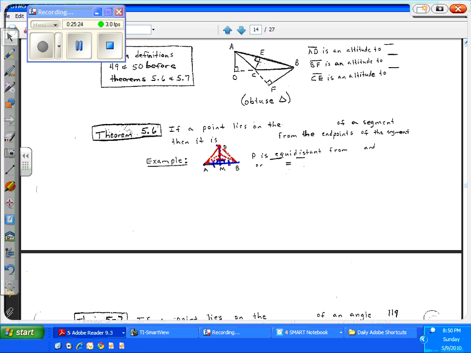We're going to get an isosceles triangle no matter where we put that point. See, we could go way up here. If that lies on the perpendicular bisector, then it'd be an isosceles triangle, see? All right.